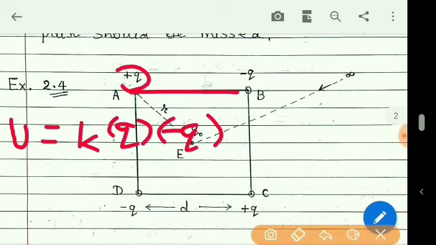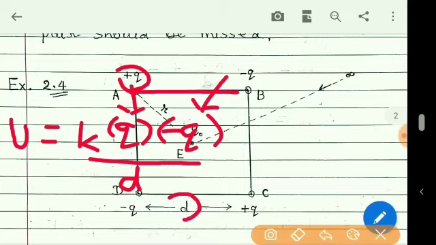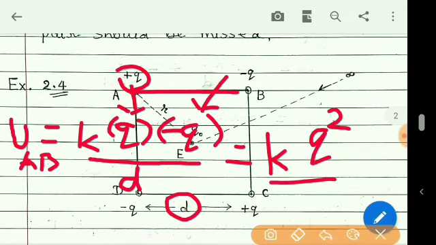Because here the first charge is plus Q, the second charge is negative, so we have to put minus, and the distance between them is D, which is already given in the data. So here the potential energy U of A and B is given by this formula. And finally, if we make it simpler, then K Q into Q, that is Q square upon distance D, but the negative sign is there.